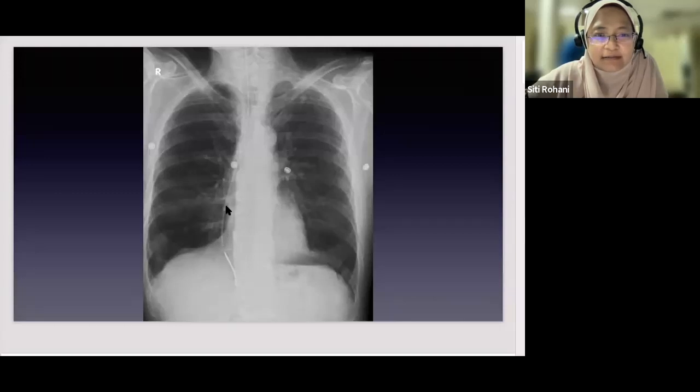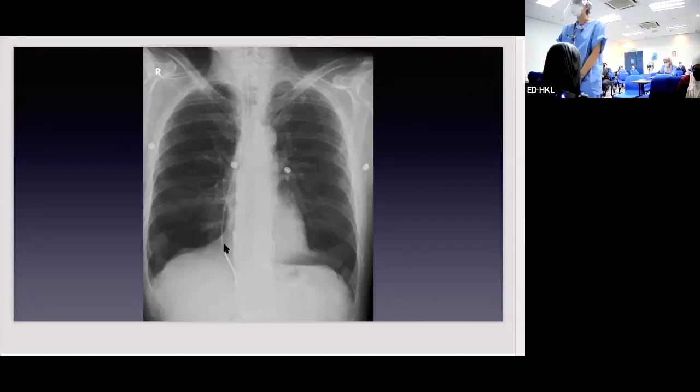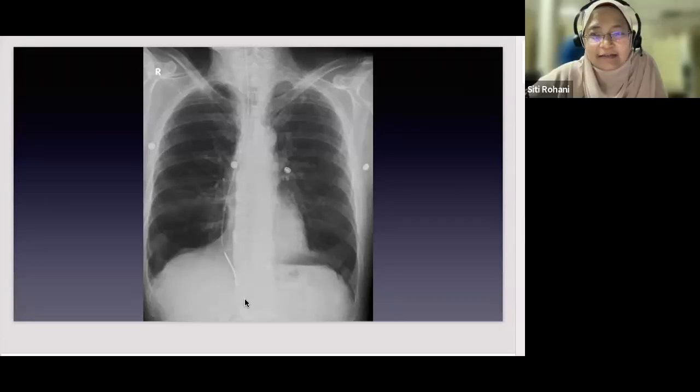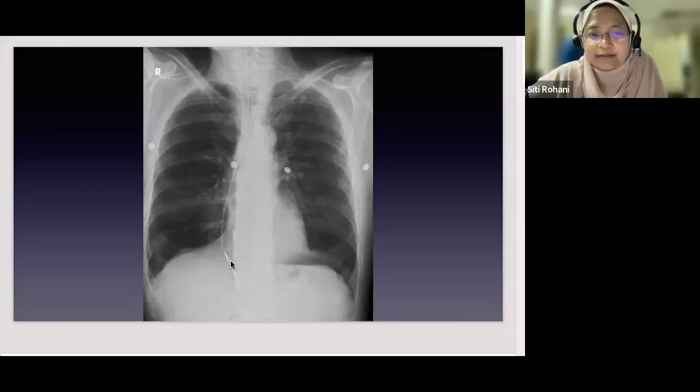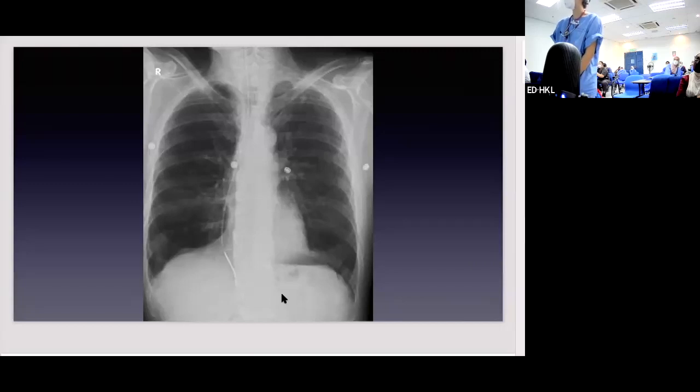How about this line? What do you think this line is? Yes, it's an NG tube. Do you think the NG tube is at the correct position? Where should the tip of the NG tube be located? Over the stomach, over the left gastric.